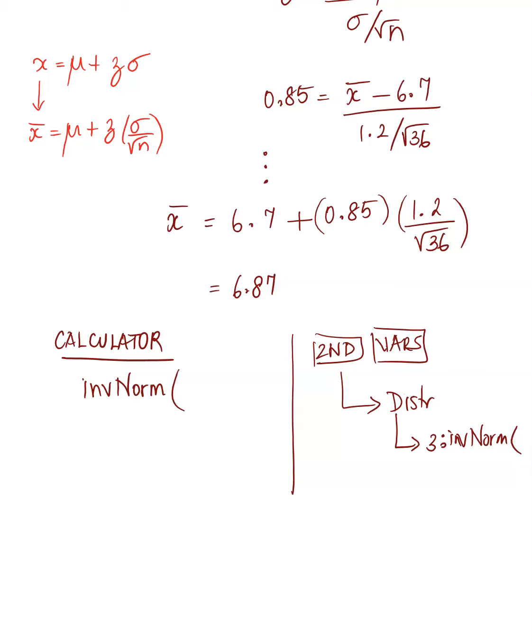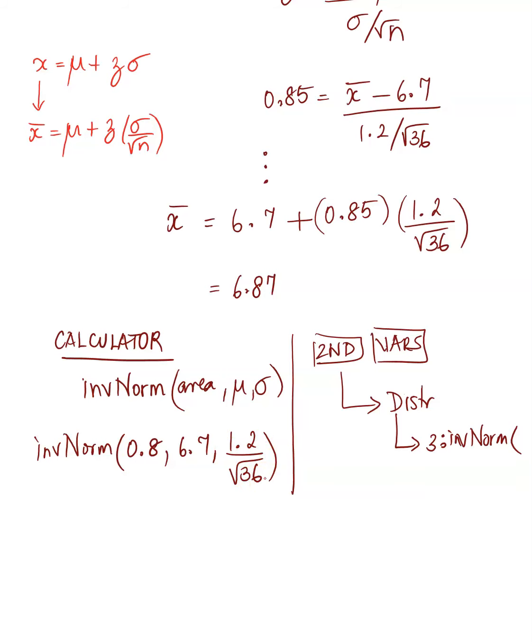Here it's asking for three things: area, mu, and sigma. So in your inv-norm, area would be 0.8 because I am seeing the cumulative area from the left, so I'm using 0.8. Mu will be 6.7, and sigma, enter it carefully as 1.2 divided by square root of 36.